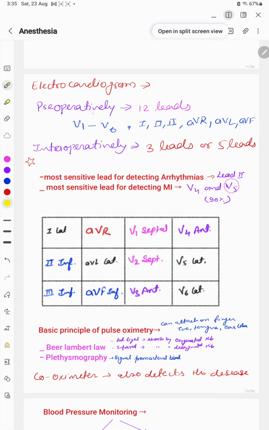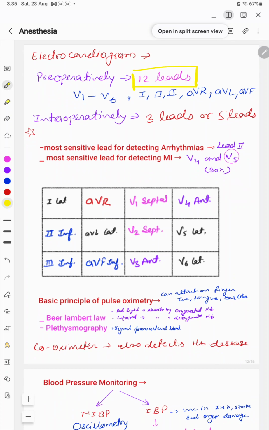When someone comes to the clinic for ECG before surgery, we use 12 leads: V1 to V6, and 1, 2, 3, and AVR, AVL, AVF. Intraoperatively, because we don't have much space, we use only 3 leads, or when the patient has a cardiac problem, we use 5 leads.